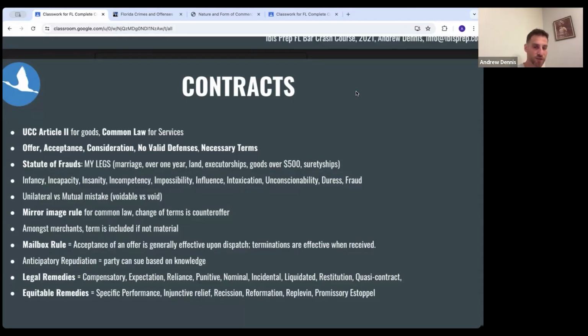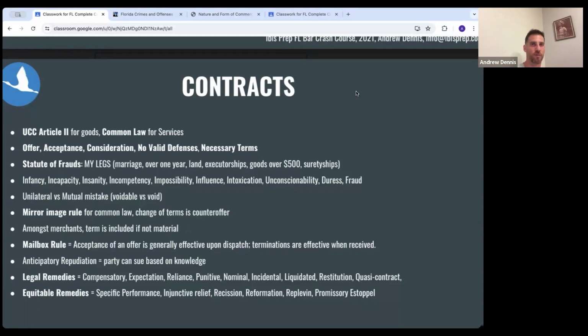Anticipatory repudiation, so a party can sue based on knowledge. Like, if you know that one party is not going to honor the contract, you can sue under the theory of anticipatory repudiation if they unequivocally demonstrate intent not to perform the contract. Look for things like non-compete agreements. They need to be reasonable in geographic scope and subject matter and duration.